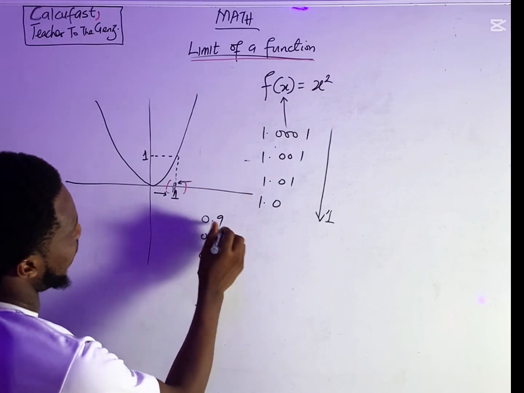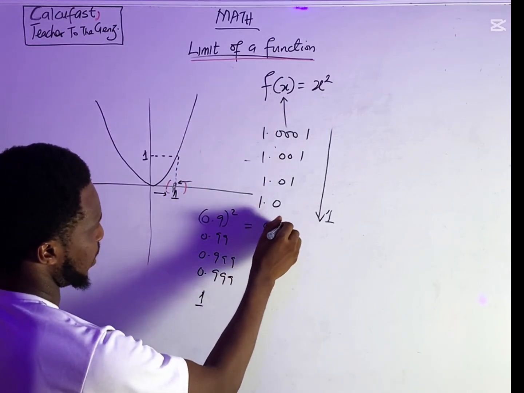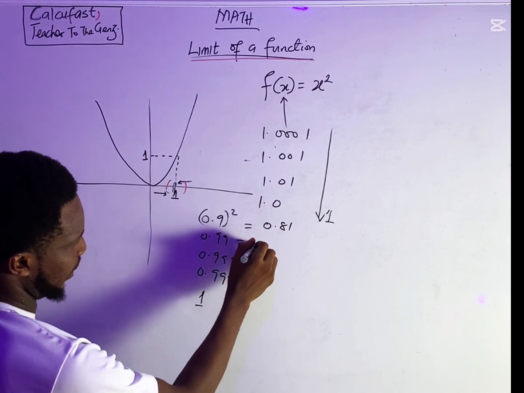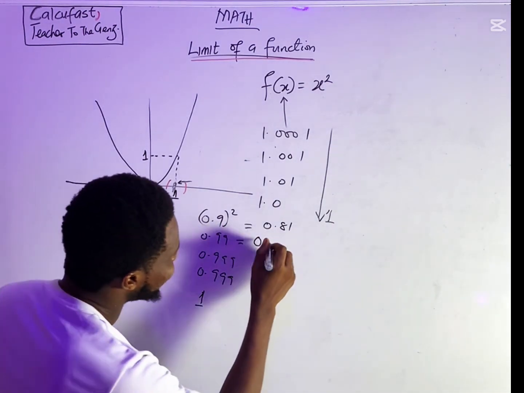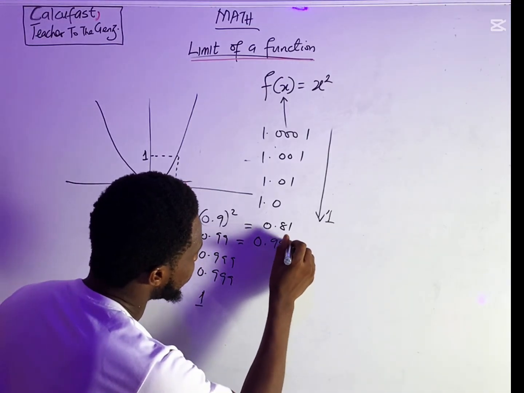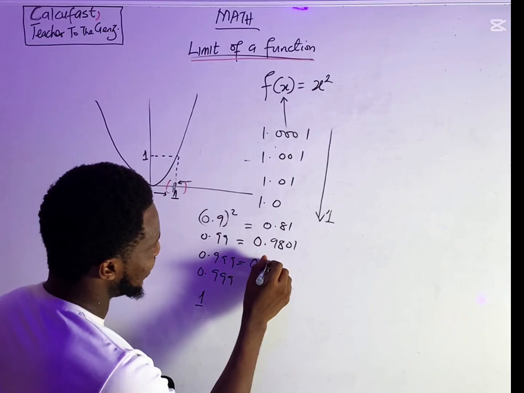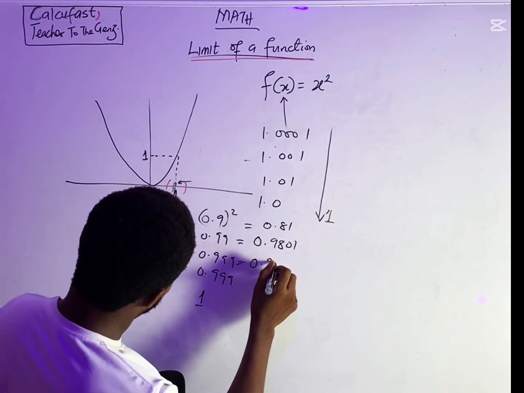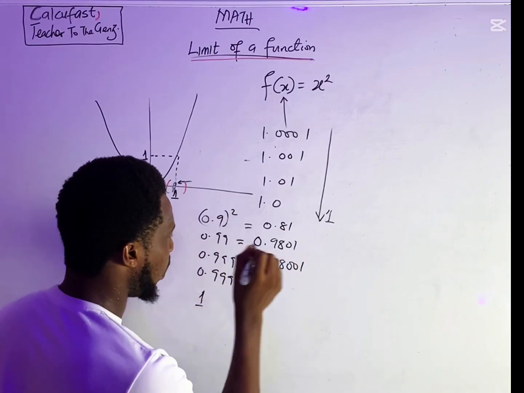Now 0.99 all squared will output 0.9801, I think. Yeah. And with 0.999 it could be 0.998001.